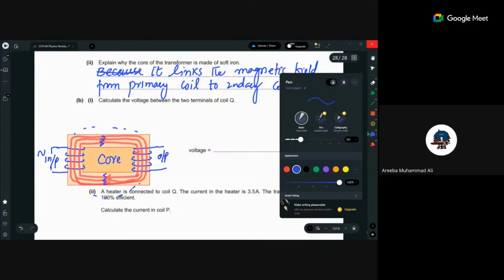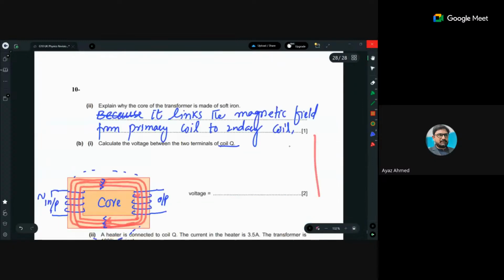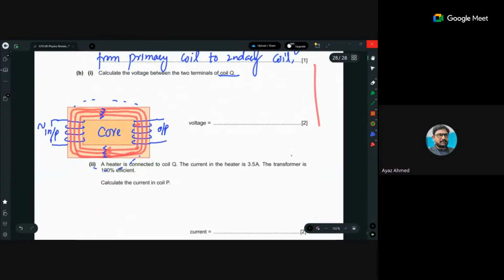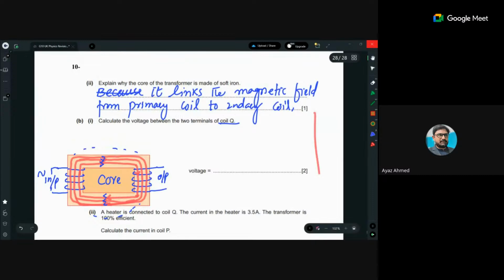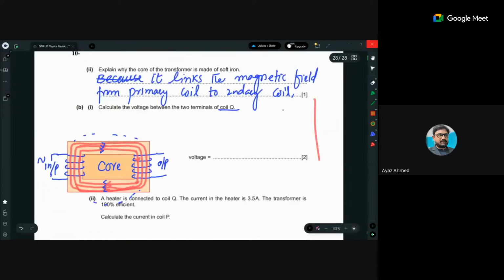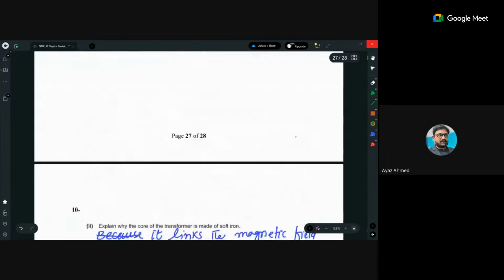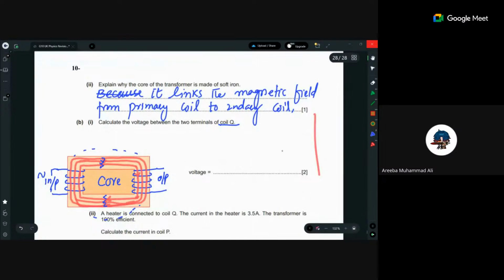Clear. Okay. Calculate the voltages between the terminal of the coil Q. Is there any terminal? नहीं, ये आपके पास क्वेश्चन ही नहीं है. There is no diagram at all. Is this a good thing or a bad thing?